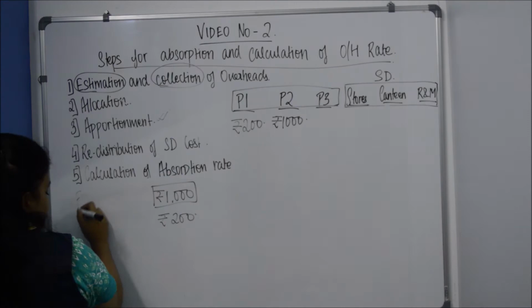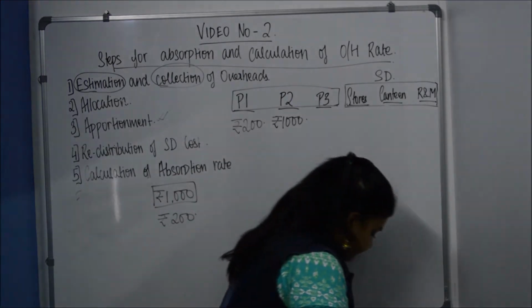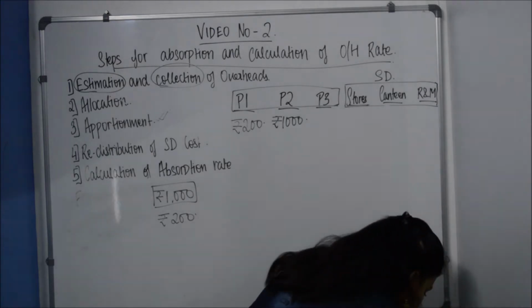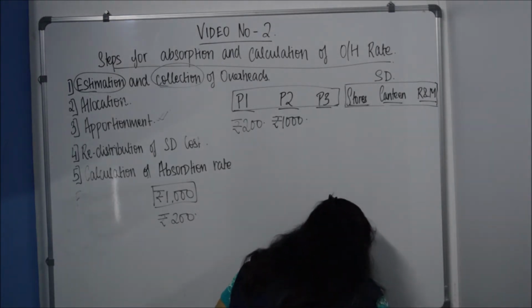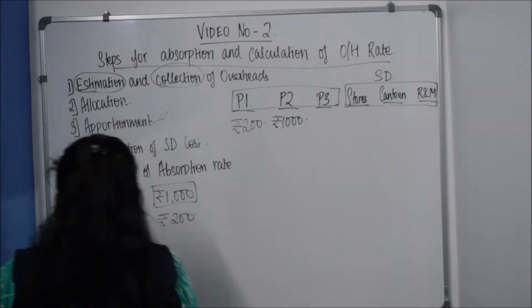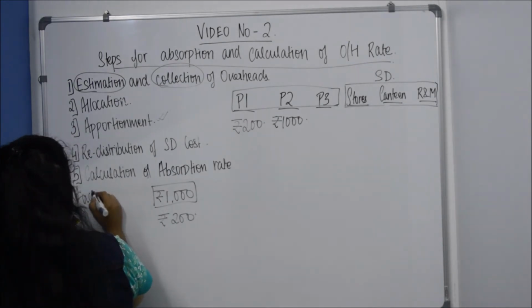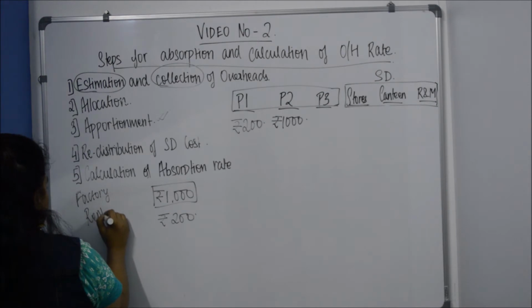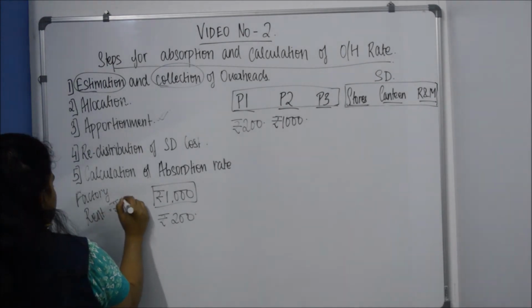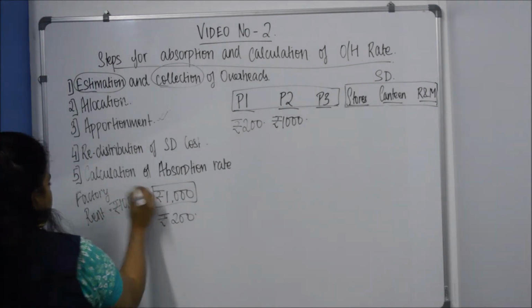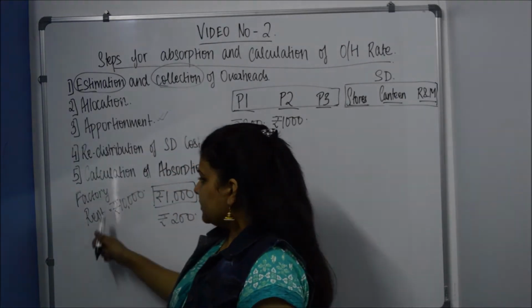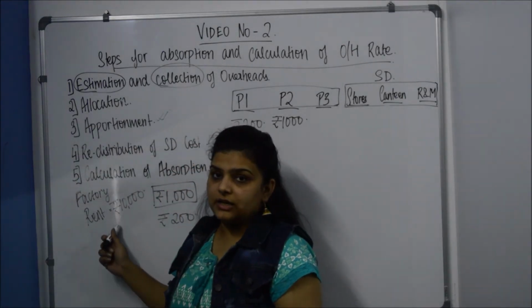I have a factory rent of rupees 10,000. It is an overhead for me, indirect expense.